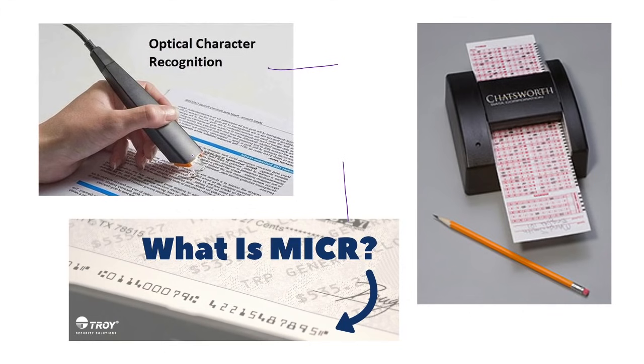MICR is very common on checks. You can see here on the checks, especially the encoded number part, that it is magnetic. There is a specific scanner for those checks, for double checking that the check is legitimate, and that is what is read as you scan the check.